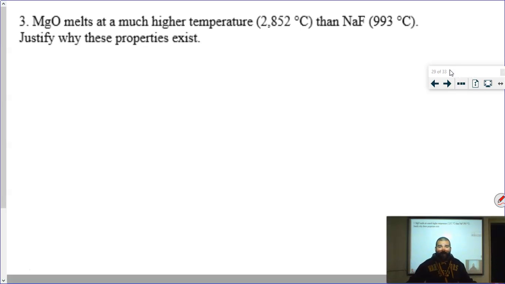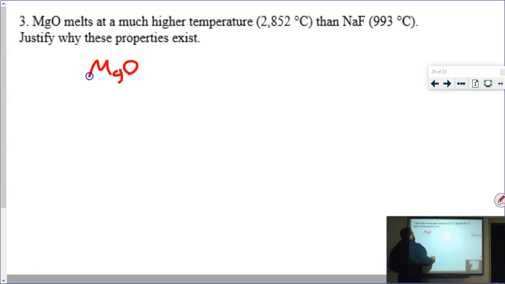Why? Well, when we make comparisons between ionic compounds, we use Coulomb's law. Coulomb's law is going to help us explain this. I have magnesium oxide. I have sodium fluoride. Let's diversify our color palette.